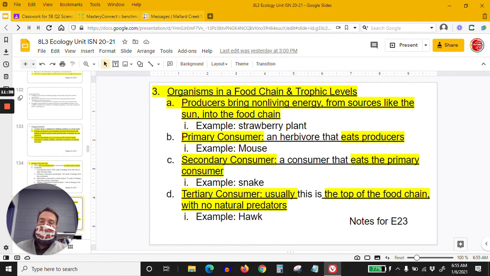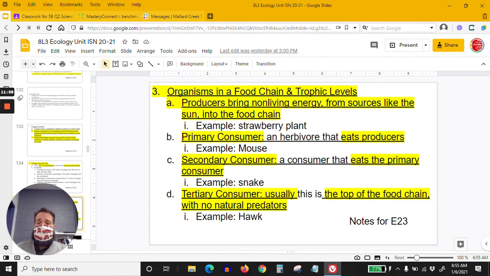But they take energy from the sun, or in the case of chemoautotrophs, they take energy from chemicals, and turn them into usable energy. So your examples could be an oak tree, or a cypress tree, or grass, or a strawberry plant, or a rosemary bush.